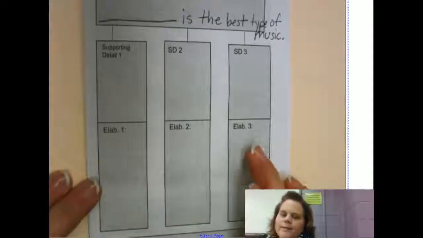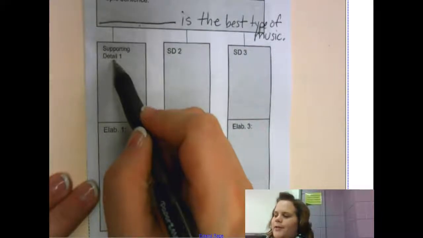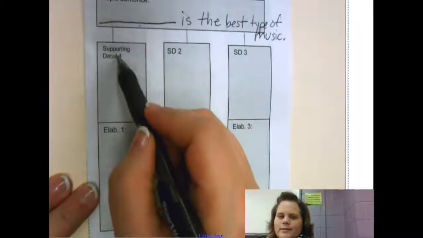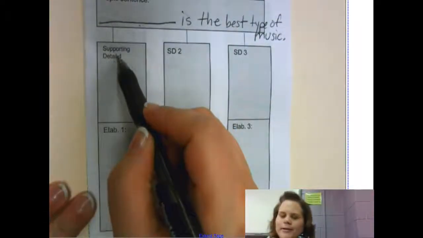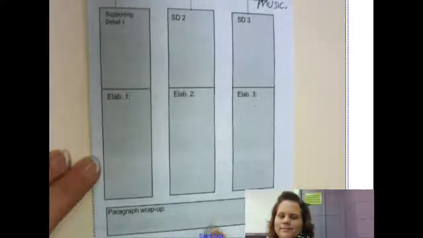It's just one paragraph. If you pick something that no one's heard of, then you might want to start with a clarification. If you pick something everyone's heard of, then you might give examples of artists. And then you're going to elaborate that in several different ways and wrap it up.